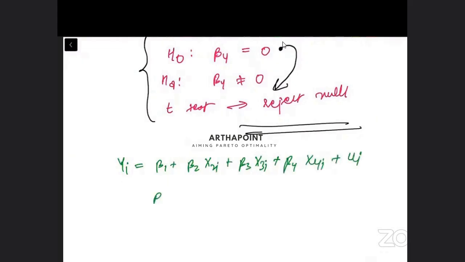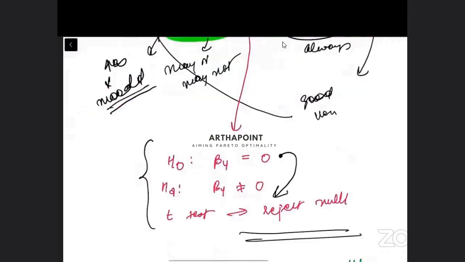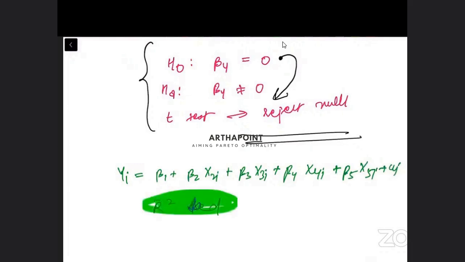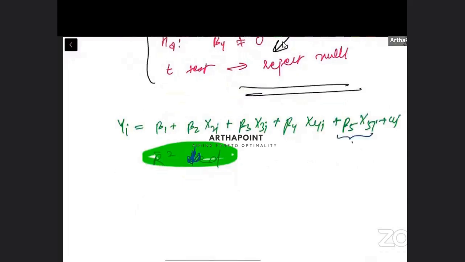Let's include x5i also, then it will make sense. So plus beta 5 x5i plus ui. Suppose the r bar square has decreased as compared to the earlier model. What does this mean? Decrease means that the next variable I have added was of no use. It's a useless variable.